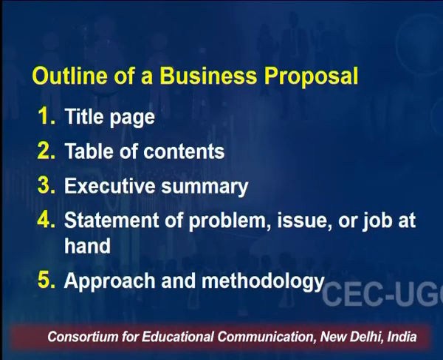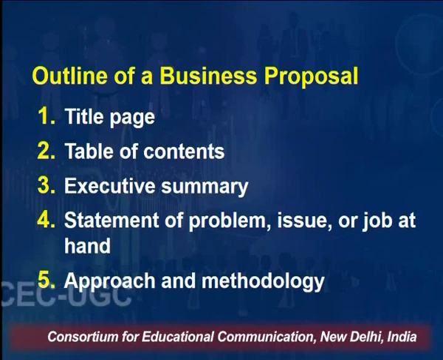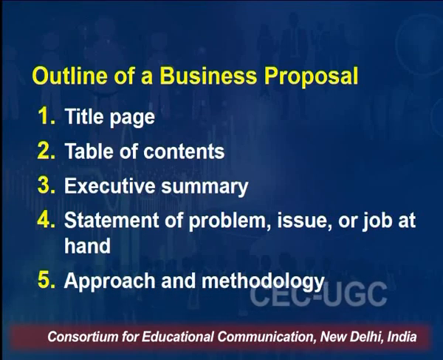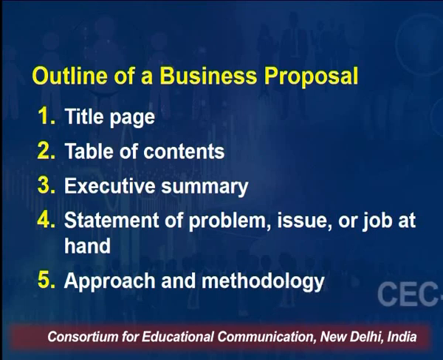The fourth point in the outline is the statement of problem. And believe me or not, if this is an RFP, then the statement of problem is really, really important. This is something which talks about the issue or job at hand.